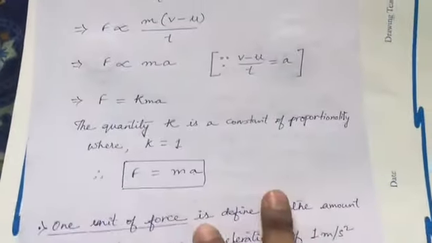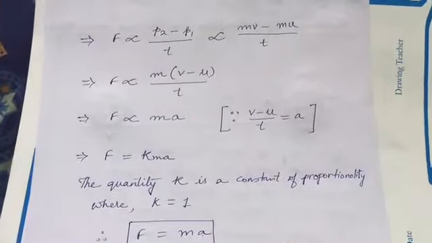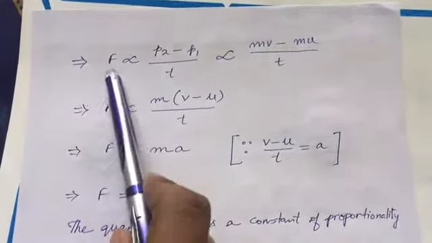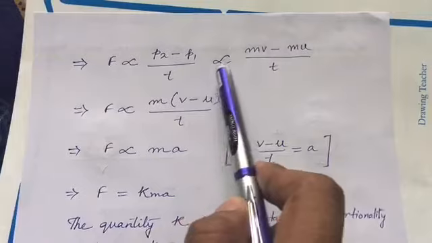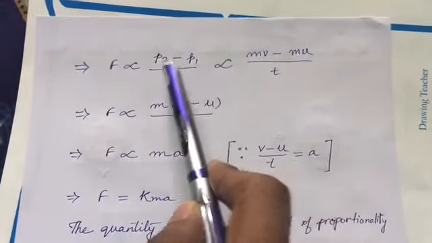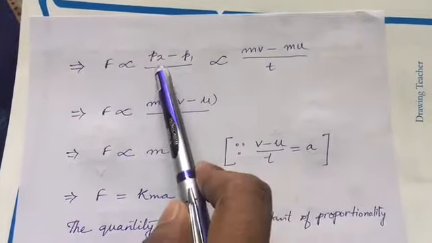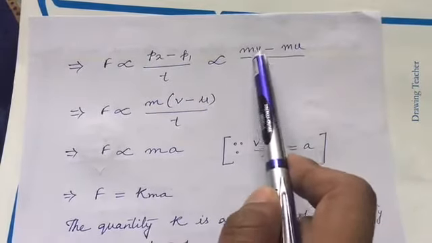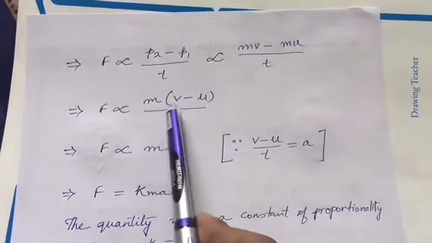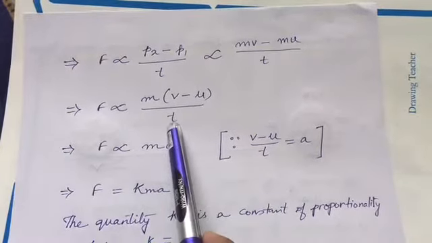Now the main thing comes: force is directly proportional to change in momentum by time. So p2 minus p1 means mv minus mu divided by time. Similarly, taking m common, we get m times v minus u divided by time.